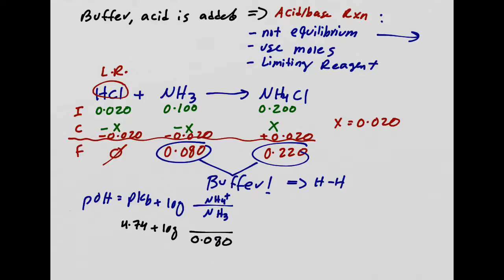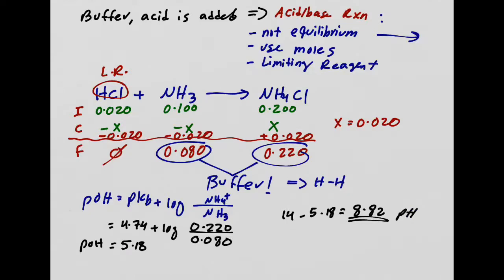Again, it is 1 liter, so moles and molarity are the same. And ammonium is 0.220. Okay. When I do everything, pOH ends up being 5.18. Now, 14 minus 5.18 is going to be 8.82, which is going to be my pH.